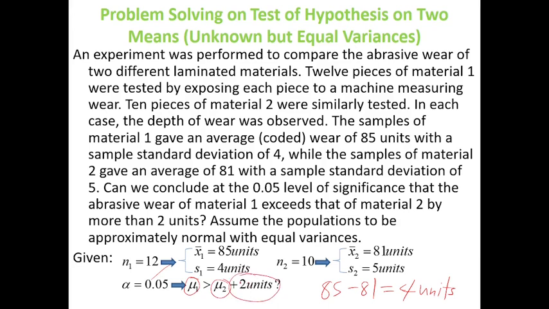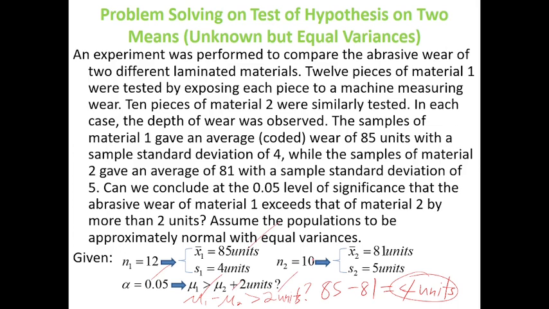If we analyze this, we have mu sub 1 minus mu sub 2 greater than 2 units. So with that, since in our sample, considering the difference of the two means, we get 4, is it greater than 2?